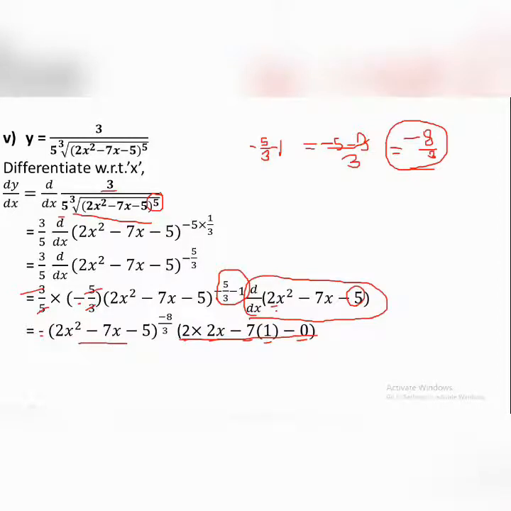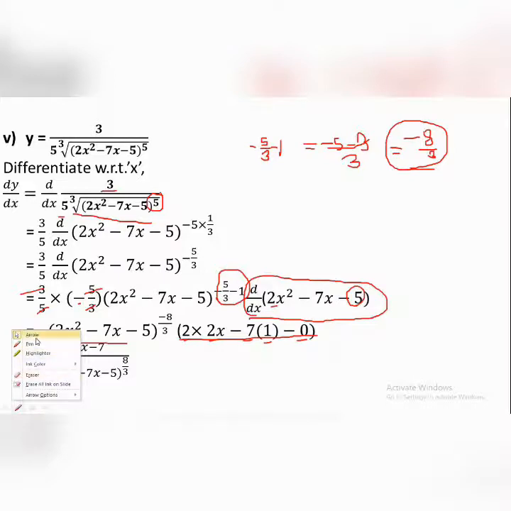So what we got? The 2 2s are 4, so here 4 is coming. 4x minus 7 1s are 7. So here 4x minus 7 is in the numerator. And this is the minus 8.